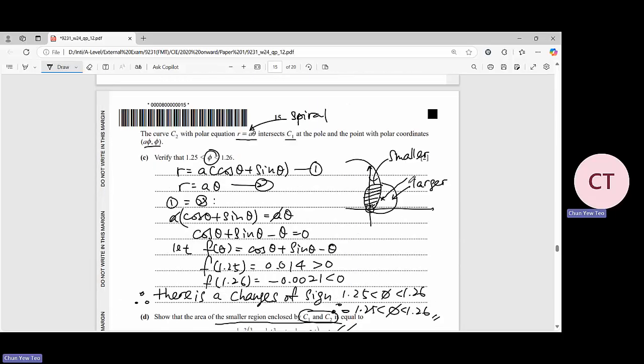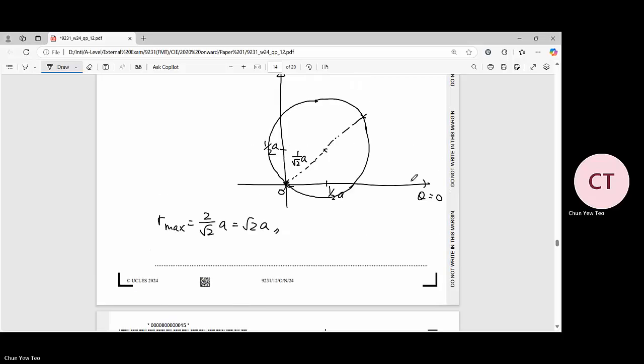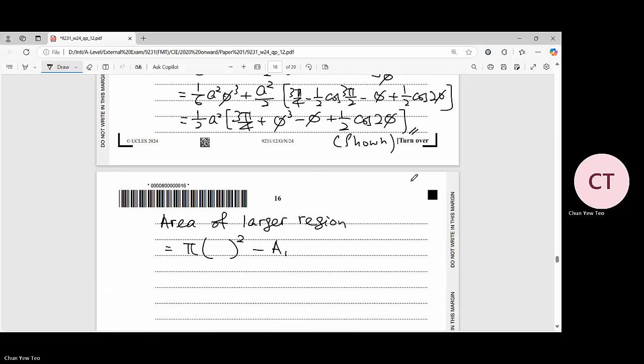The radius is 1 over 2 A. So it will be pi A squared over 2 minus the half A squared, 3 pi over 4 plus phi cubed minus phi plus half cos 2 phi.